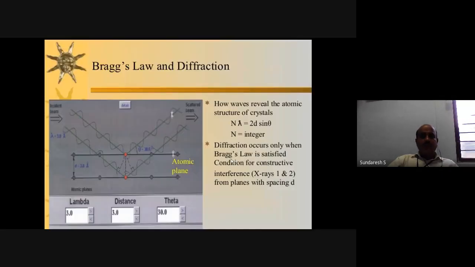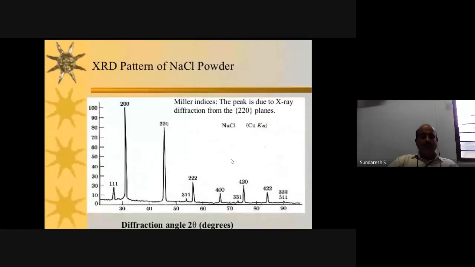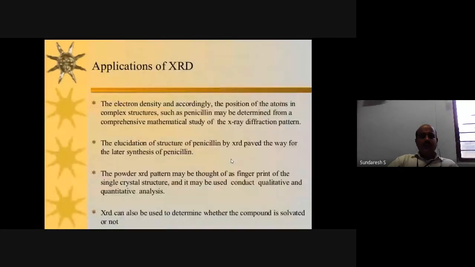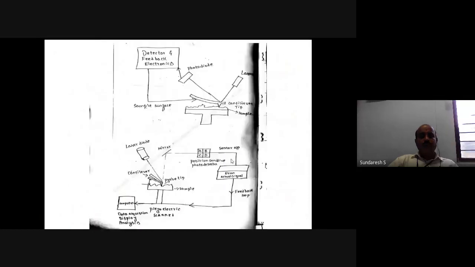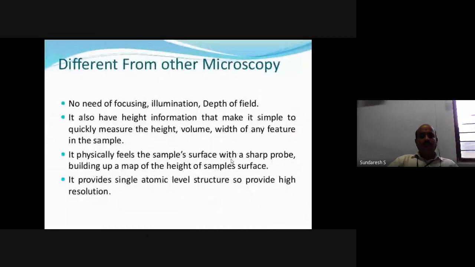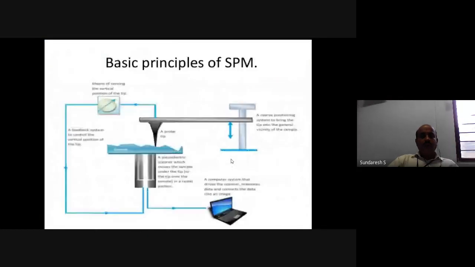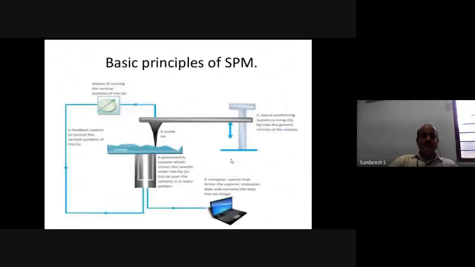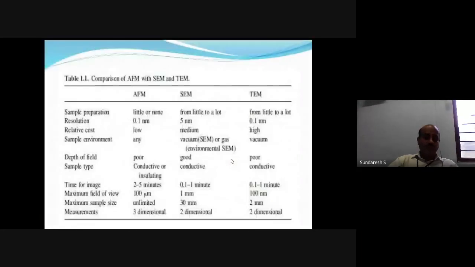So this is regarding XRD. In today's class we discussed two important things: transmission electron microscopy, and XRD.